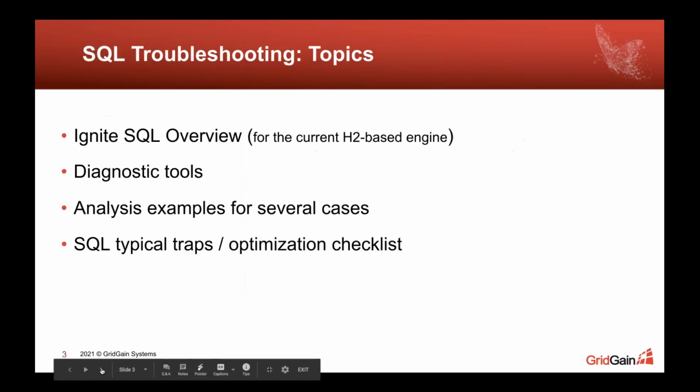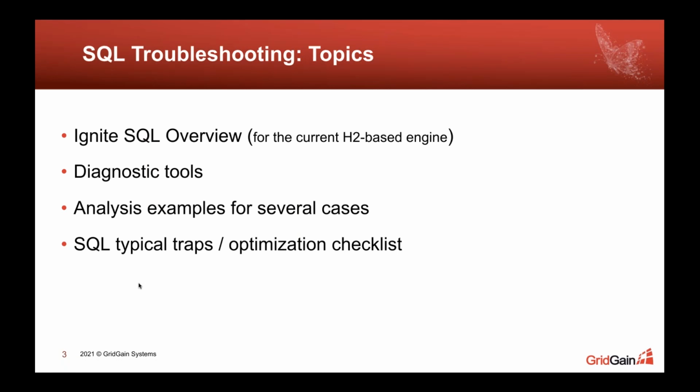So let's move on. This talk consists of several parts. First of all, I'm going to present the Ignite SQL Engine overview, its capabilities and features. I'll do my best to make it quick. As the second part, I'll reference some typical pitfalls that users can face.